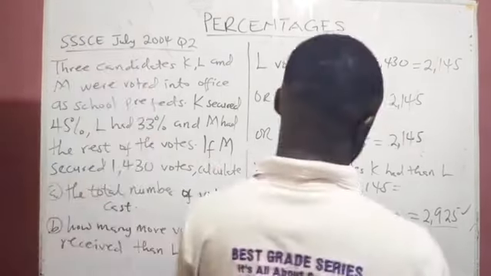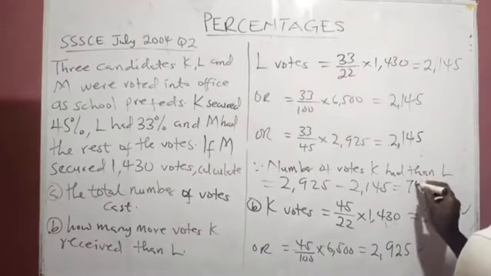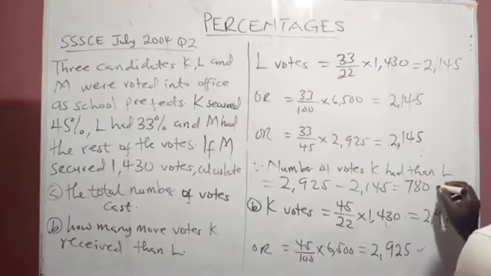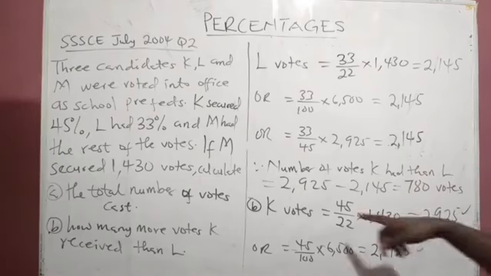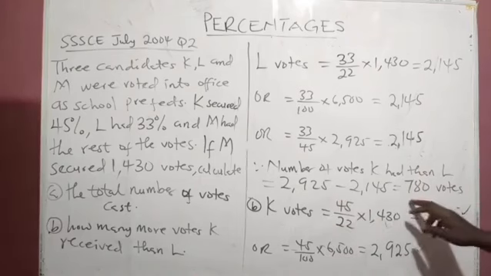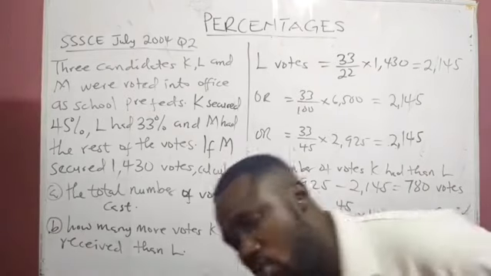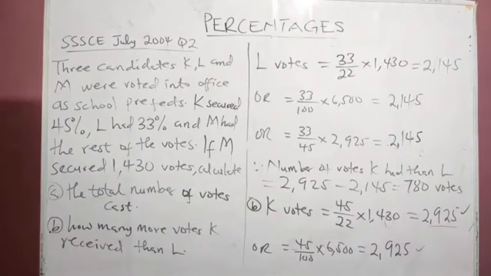So K had 780 votes more than L. Okay, so we are done with this particular question.